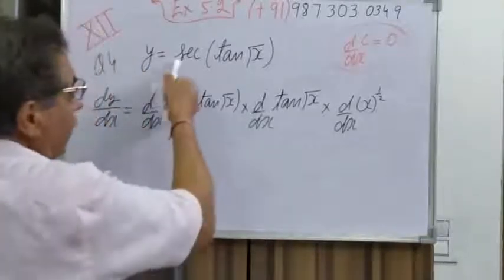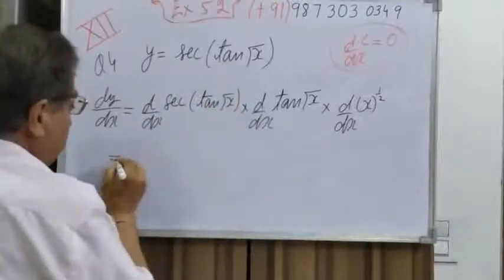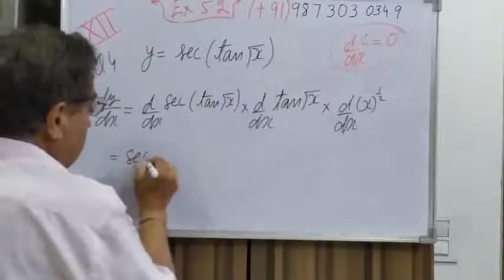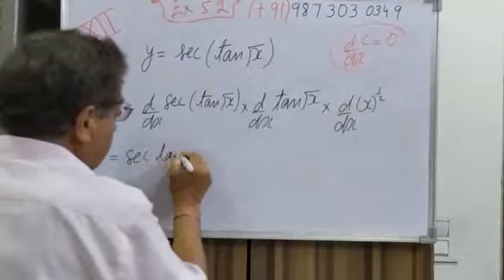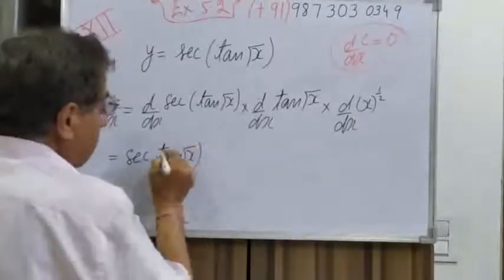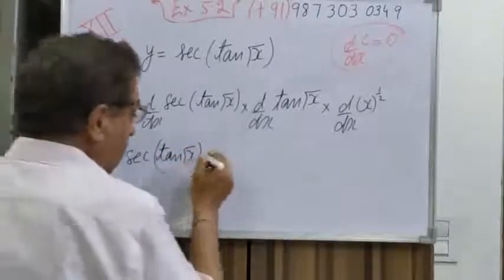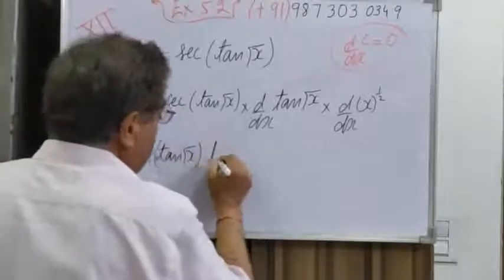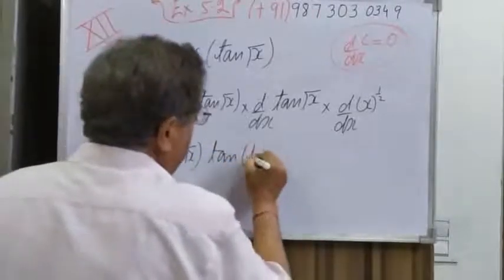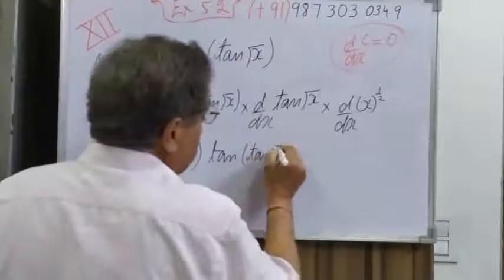First of all, the derivative of secant is secant into tan. So secant along with this angle, and then tan of tan root x.